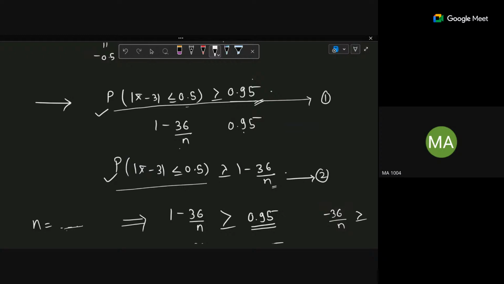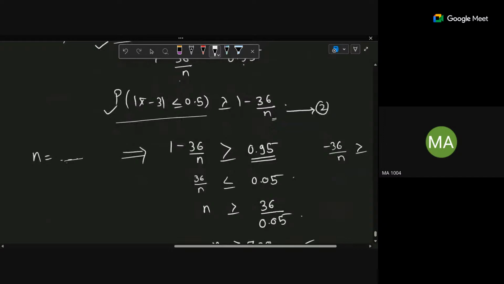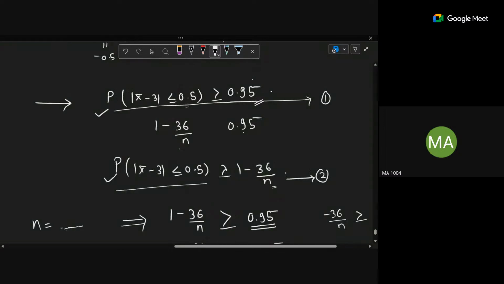So to find n, I just bring out the general lower bound. Then using both of the bounds, I was confused, since 1 minus 36 by n is another bound. Now I have two bounds. Then how to solve this confusion? Just remember the question.